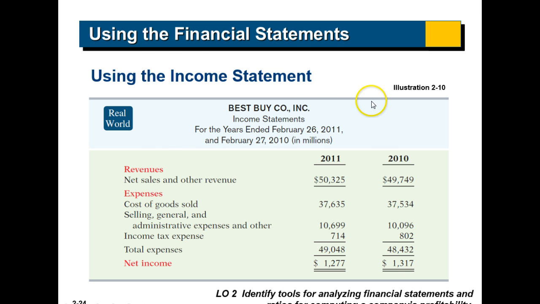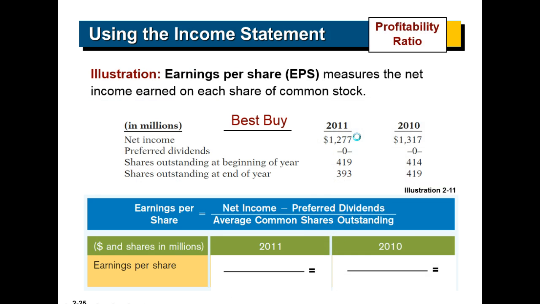So basically, this example is with Best Buy, you can have 2 years next to each other. And we can compare 1 year to the next based on various numbers on the financial statement. And so in this scenario, earnings per share is basically what's the net income based on the total number of shares outstanding.